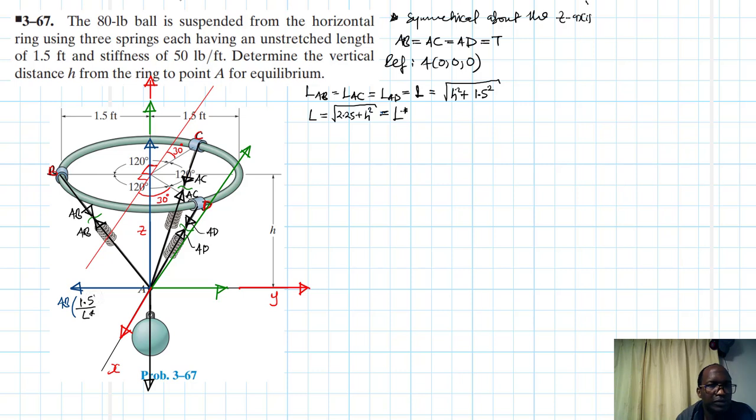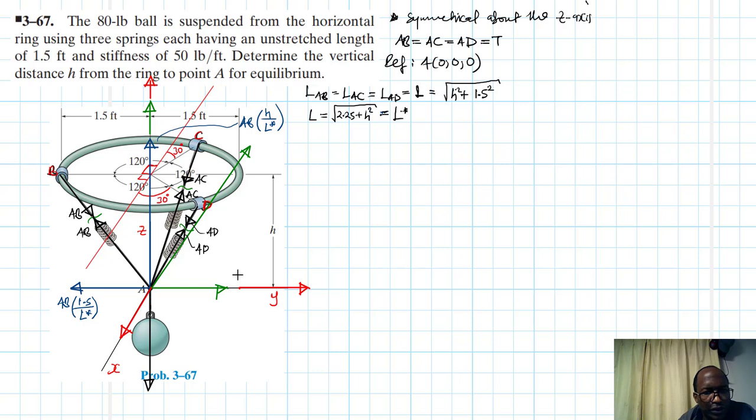So 1.5 divided by L star, and then this one is AB, which is just H divided by L star.